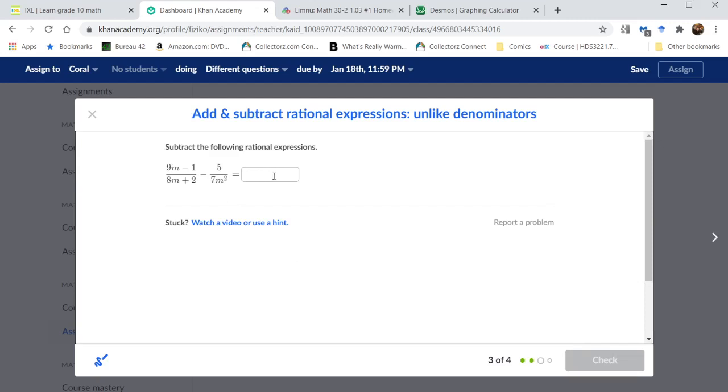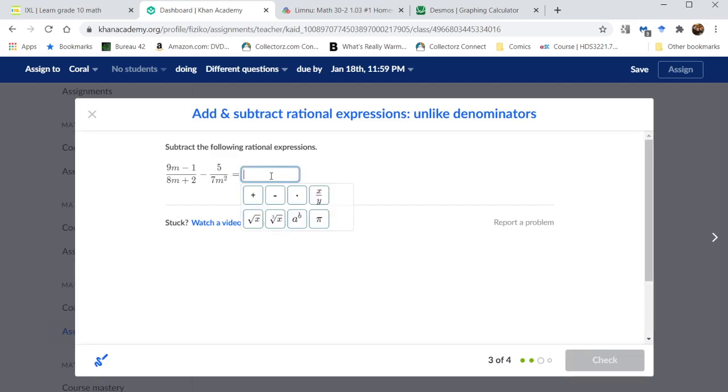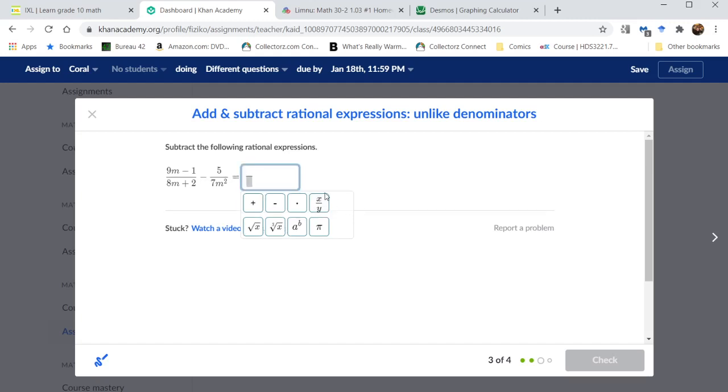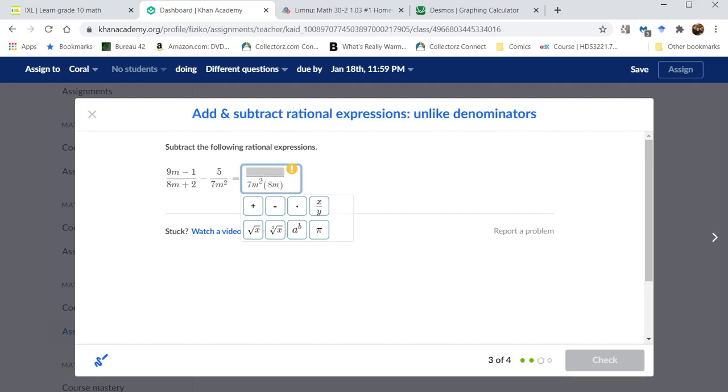So here, I don't think we need to go to the whiteboard, just to speed things up a little bit, because we are just going to be subtracting the second from the first. Our denominator is going to be 7m squared times 8m plus 2, which does have a common factor of 4 we can pull out, but that's not going to help. Our numerator we're going to have an m cubed term we get from 7m squared times 9m.